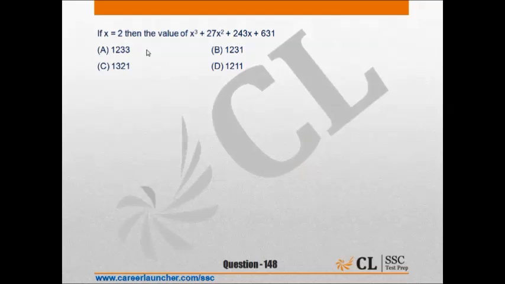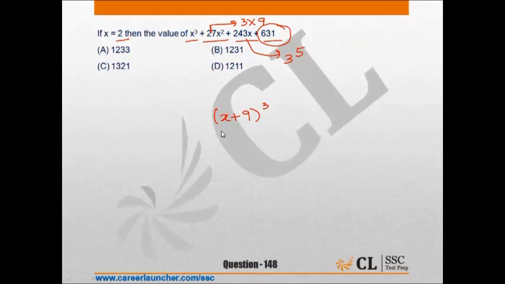The next question is, if x is equal to 2, then the value of x cube plus 27x square plus 243x plus 631 is equal to. Now I can see that this would be equal to 3 into 9 and this would be equal to 3 to the power 5. If I have to make 631 as a whole cube, so that this expression becomes x plus 9 whole cube, then the nearest cube to 631 is 729.